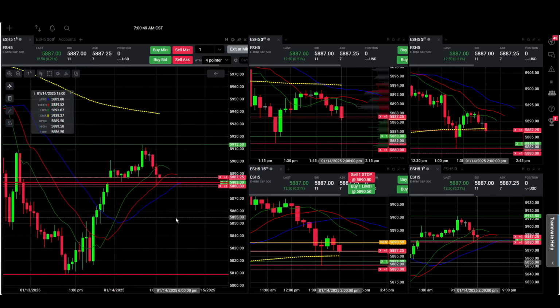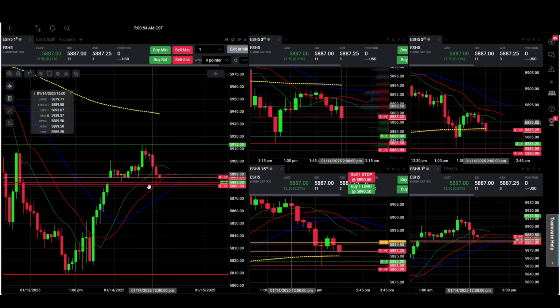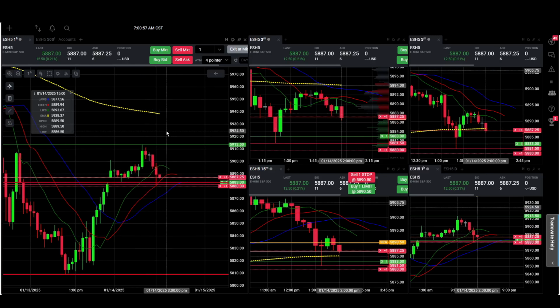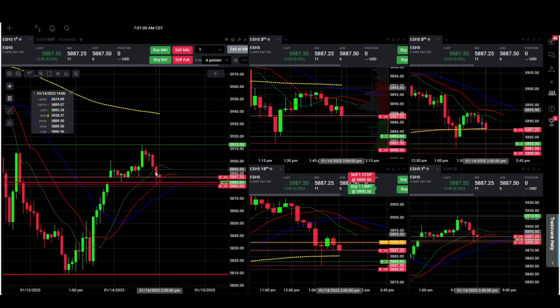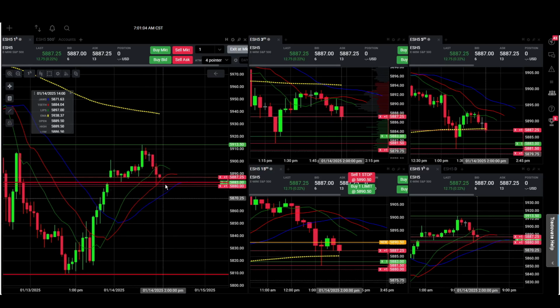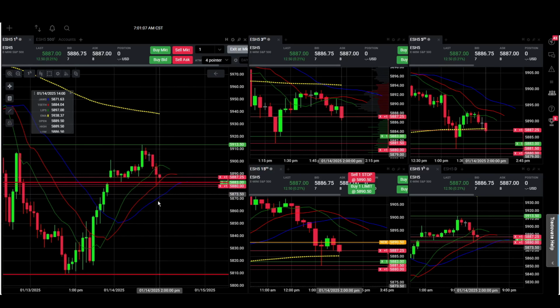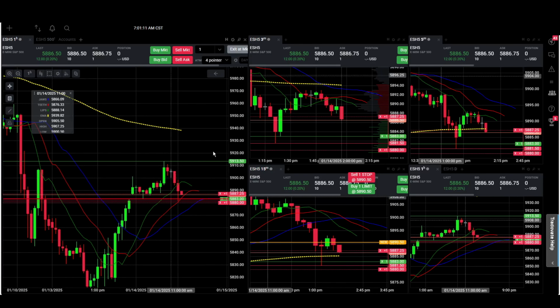So this is generally what we will consider: we are going to form a pullback strategy if the price bounces back, which it already did in here, or we are going to form a breakout strategy if the candle finishes below the teeth of the 1 hour chart.